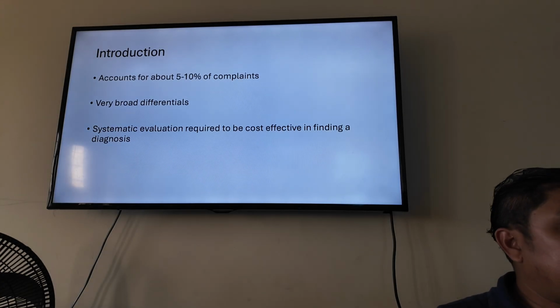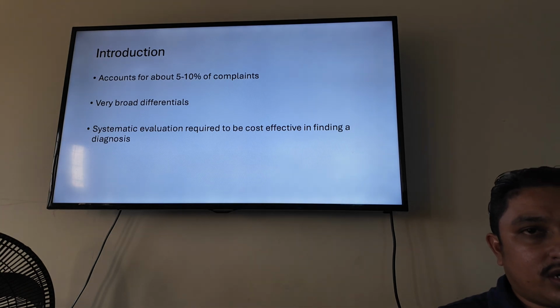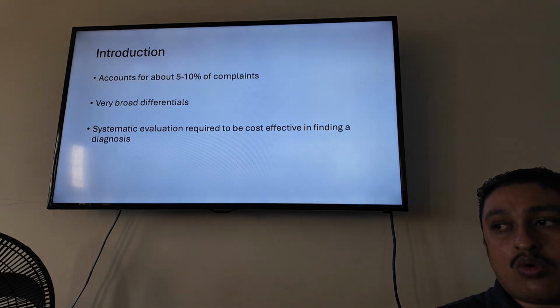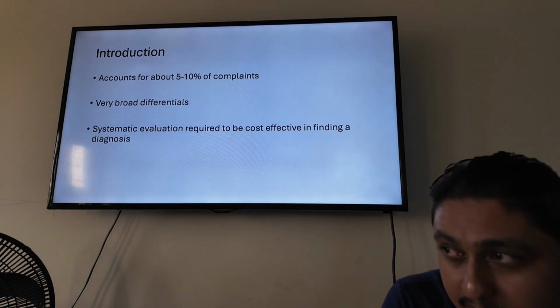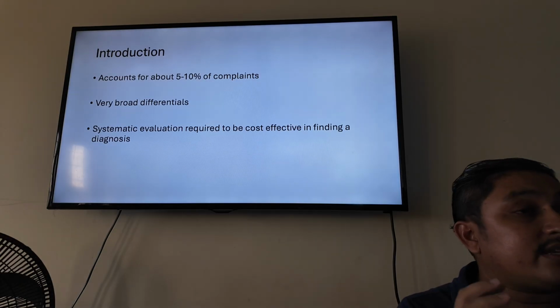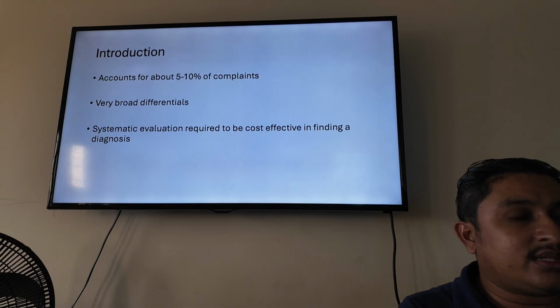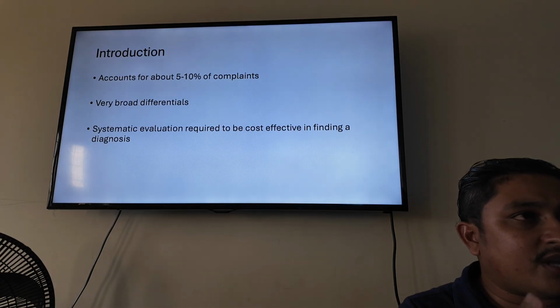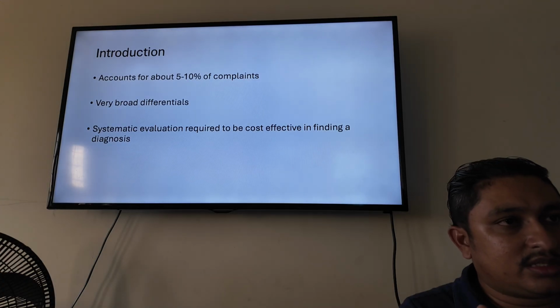About 5 to 10% of the complaints that all of us are going to receive will be from patients who have abdominal pain, right? It could be non-specific. As a matter of fact, most of the patients that you see with abdominal pain will not have a life-threatening pathology.